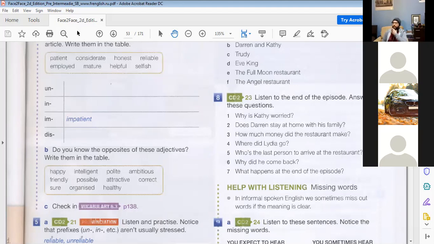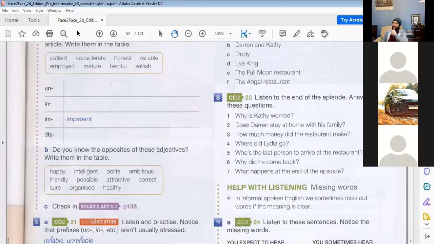What about ambitious? What's the opposite? Which prefix do we use to make it an opposite? What do you think? Any guesses? If you don't know, you can just guess because some of these are new, so it's okay if we don't know.